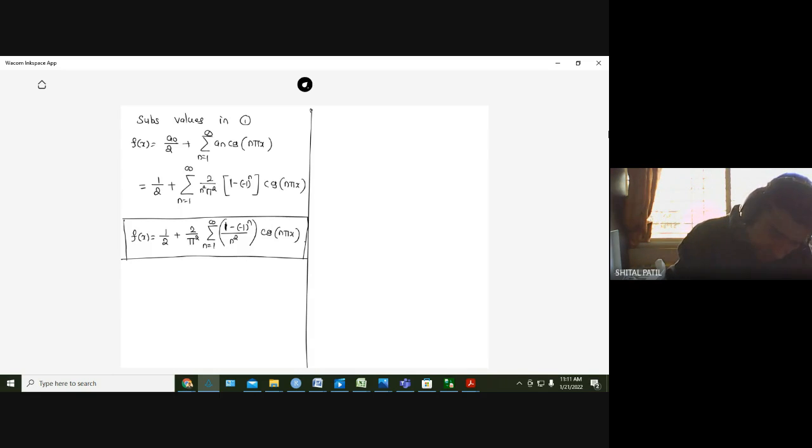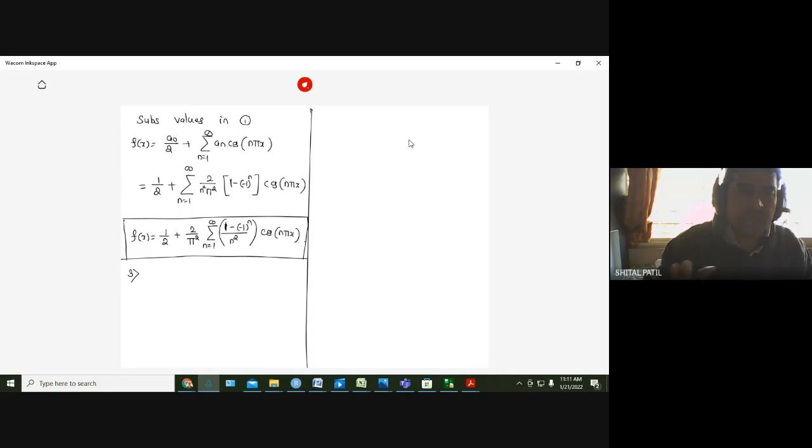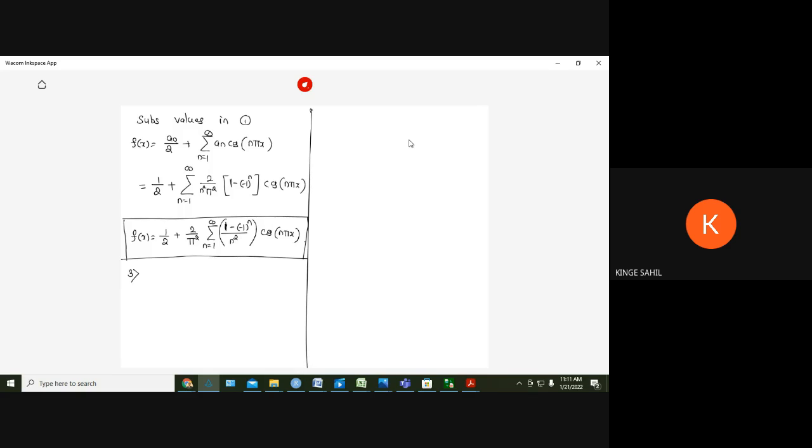Fourier series expansion of. The sum of series is not required, you have to write up to this only. Okay, sir, I wrote it to understand what we are doing exactly.